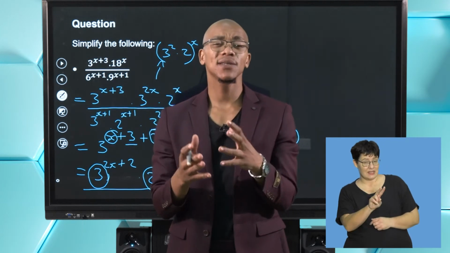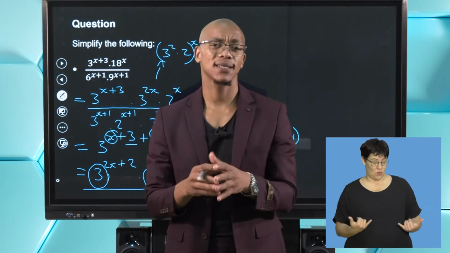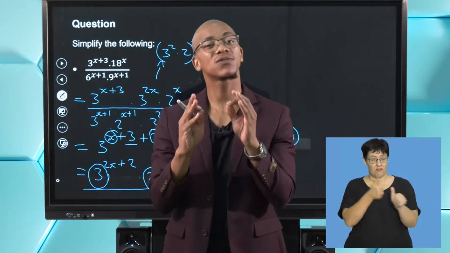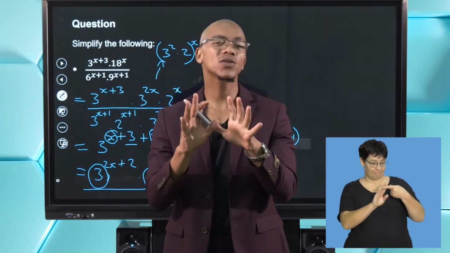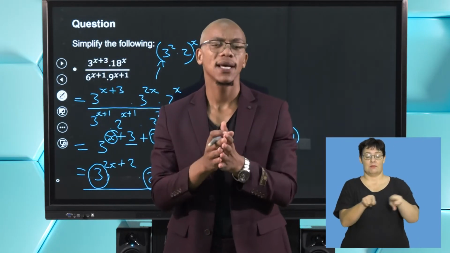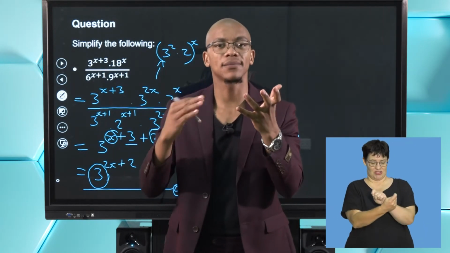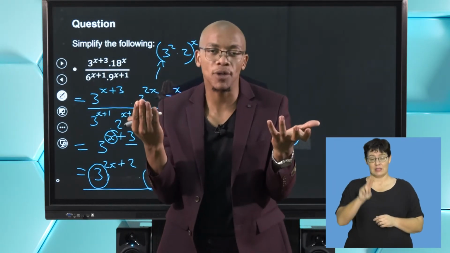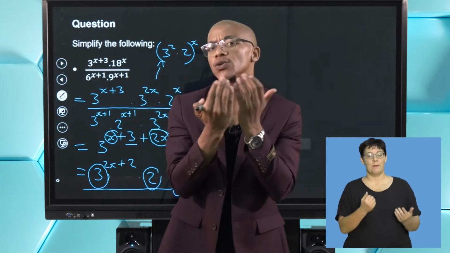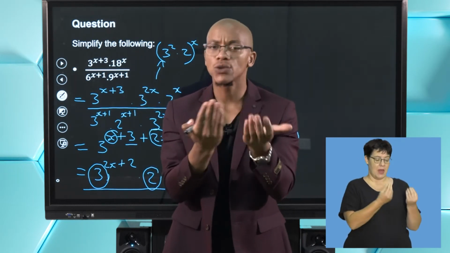So as you can see with this question that we just did, the main thing that you need to follow there, one, is to make sure that your bases are the same, right? When I say bases are the same, some numbers you cannot convert straight away to a certain exponential form, but you will need to write them as a product of two numbers, right?